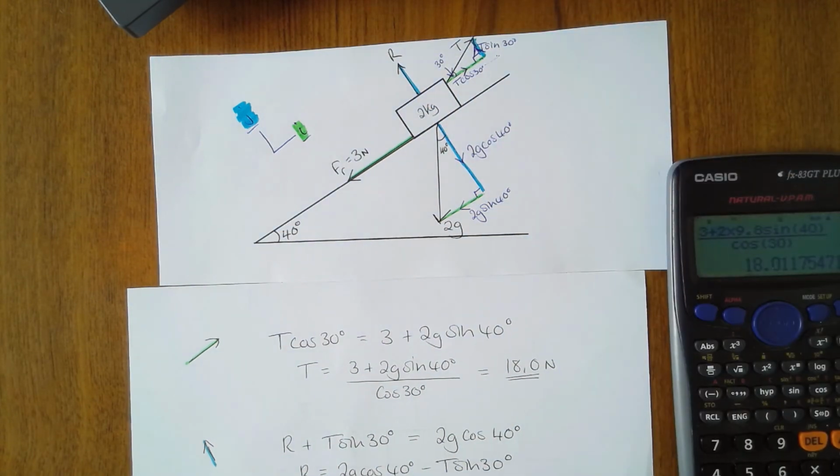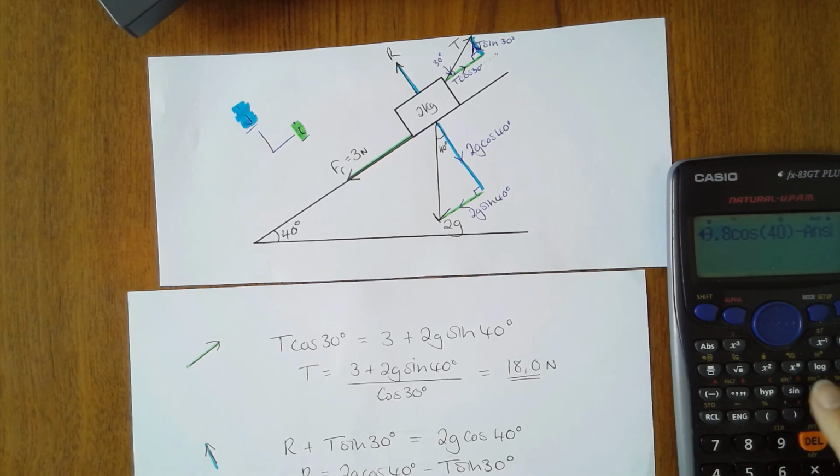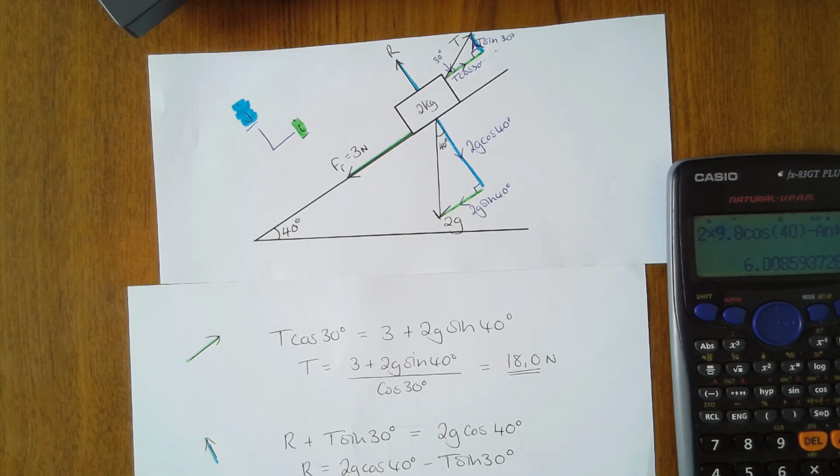And so rearranging, I get this equation here with my T in it, and instead of using T, I'm going to use my answer for T in the calculator. So without clearing off my calculator, 2 times 9.8 cos 40 minus answer sine 30 equals 6.01 to 3 significant figures.